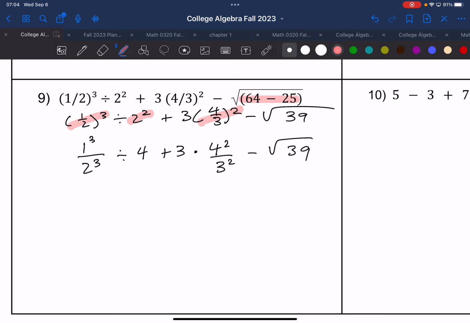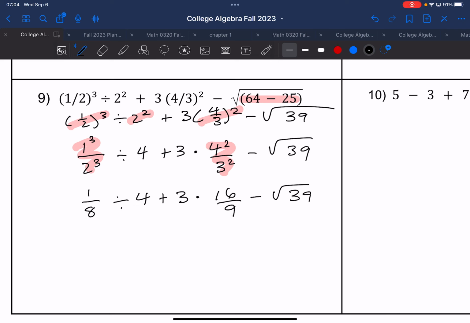And then continuing to simplify these exponents, we get 1 over 8 divided by 4 plus 3 times 16 over 9 minus the square root of 39. How did you get 1 over 8? Because 1 cubed is 1 and 2 cubed is 8.